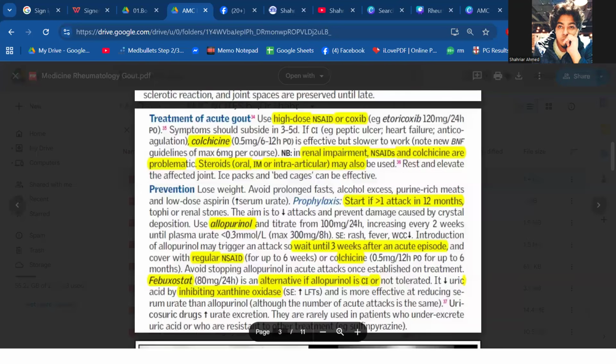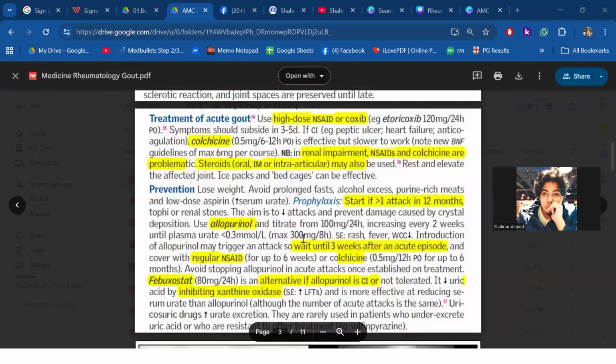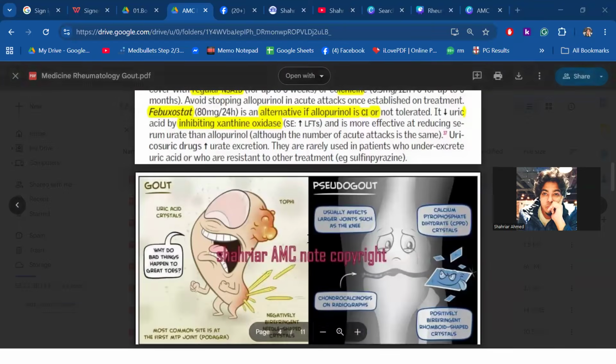Taken off the screen just to bring something else for you. Okay, let me show you something from our SMA note, like gout and pseudogout.